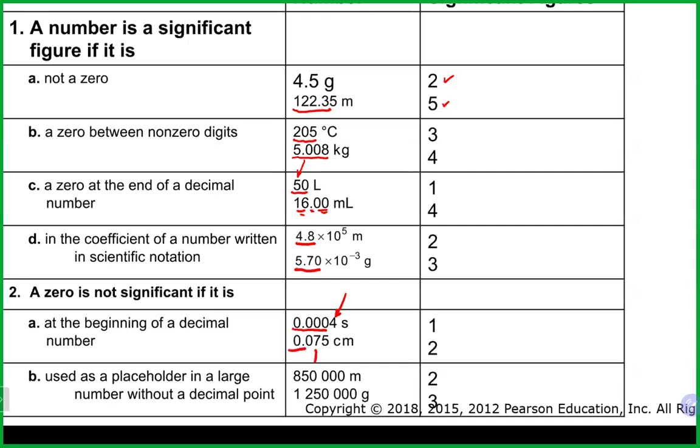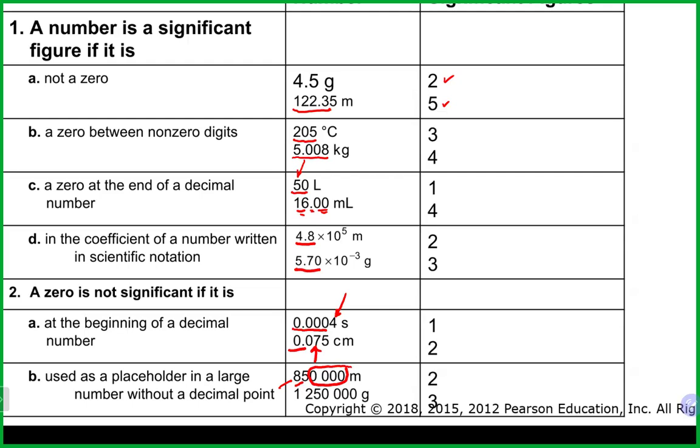We're not going to start counting until the 7, and the 7 and the 5 are significant, which would give us 2 significant figures. Here, we would start counting at the 8. The 5 would be significant. Once again, we got a lot of zeros there, but there is no decimal point written, so none of them are significant. They're really just holding the place to keep the value of the number what it needs to be, and it would be 2.